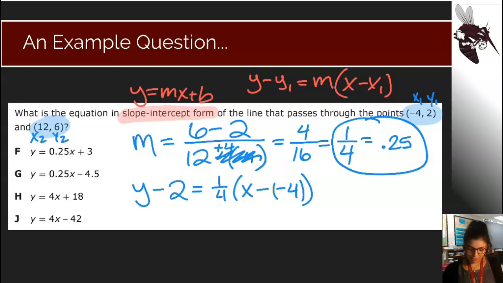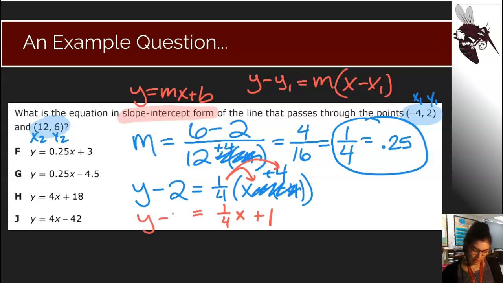Subtracting a negative is not wrong, just confusing. It's plus 4. Now, my answer choices are not written in point-slope form, so I do have to do the extra step of distributing the 1/4. So I distribute, and 1/4 times x is 1/4 x, and 1/4 times 4 is positive 1.